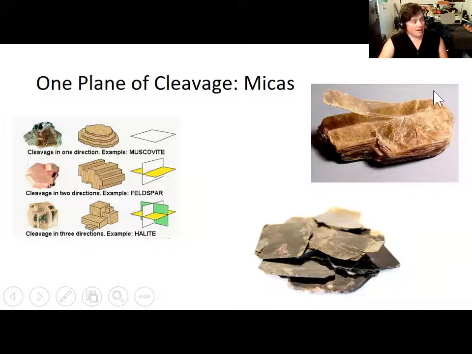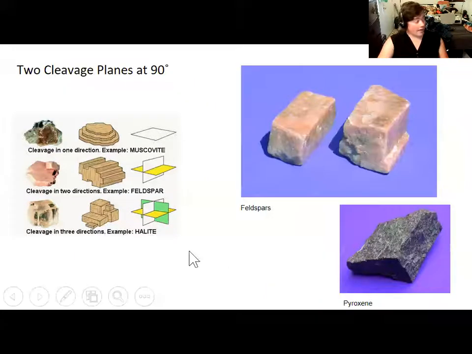If you think of these sheets as kind of like sheets of paper, the edges of the sheets aren't really regular. The edges are kind of jagged and don't really break off in any particular pattern, but you can peel them off in regular layers. The sides don't break regularly, but the top peels off regularly. And muscovite and biotite and some other important micas we'll learn about are like this. And micas have one plane of cleavage.